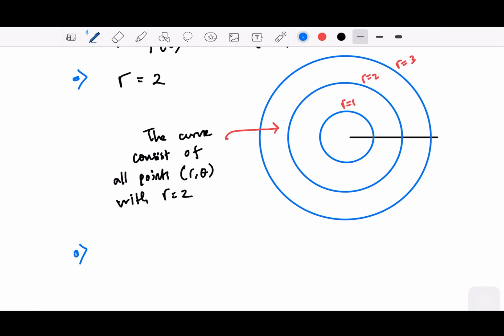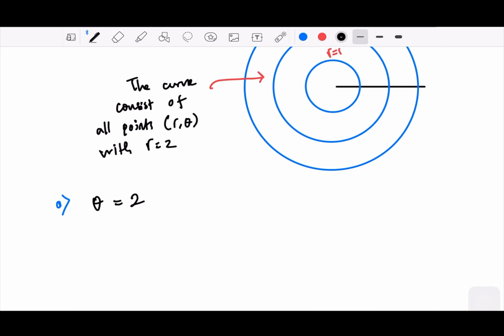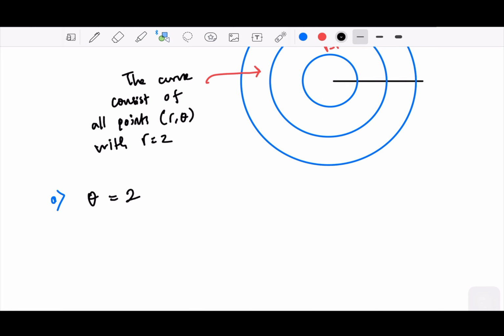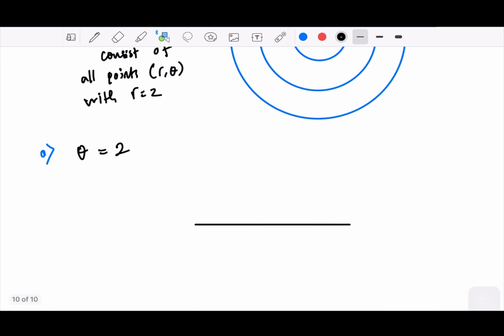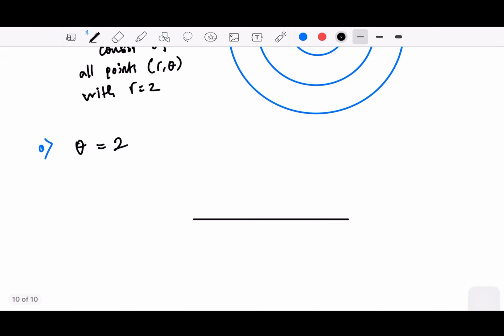Second one, if you have a constant angle, let's say angle equal 2. Let's just make it the same as the radius. Angle is 2. Which means that you have the polar axis, and let's say maybe here.